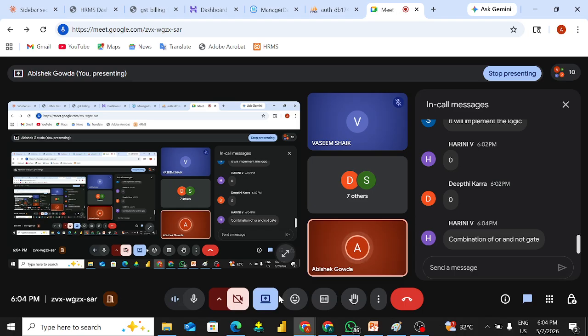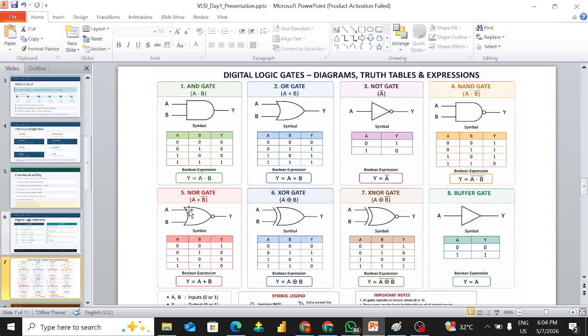Yeah, as the name suggests, NOR: N means NOT, OR means OR gate. So NOR gate means a combination of OR and NOT gate. How does this work? It first performs the OR operation and then inverts that output using the NOT gate.